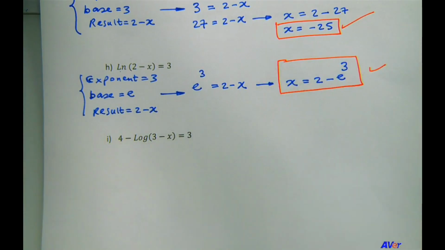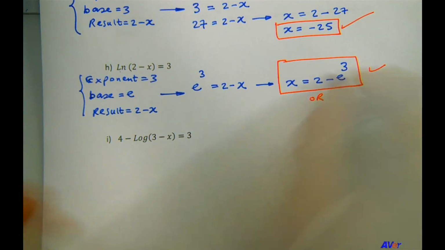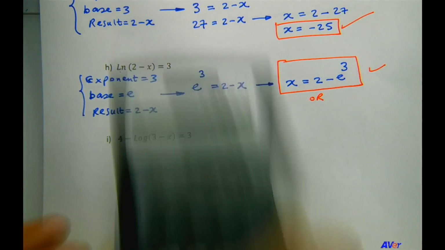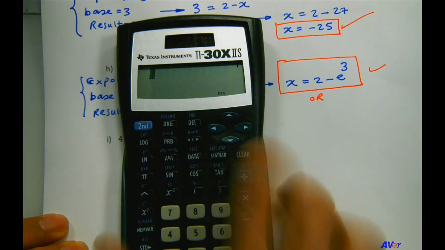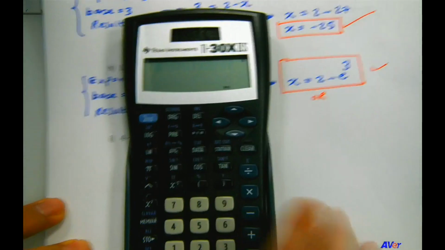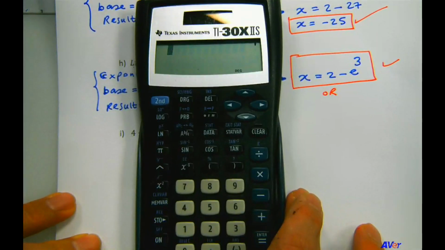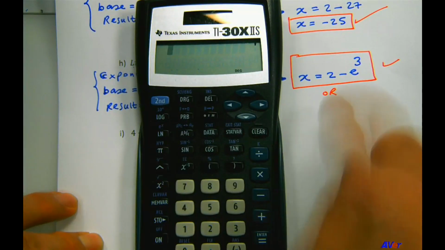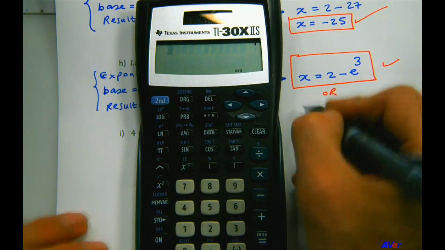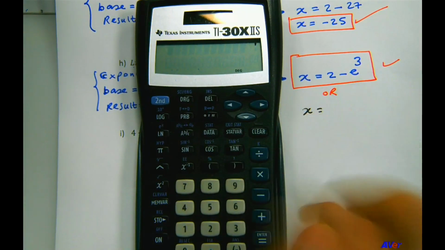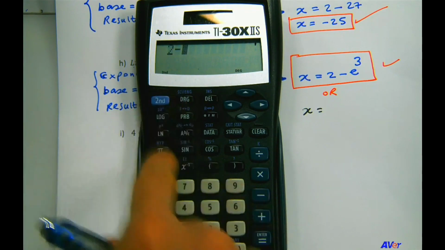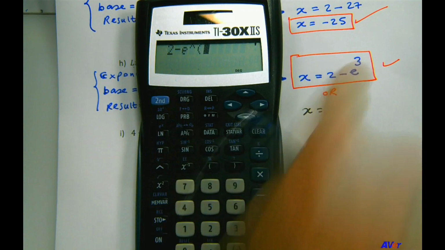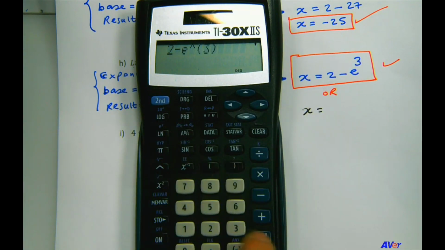But if you're allowed to use a calculator, let's bring this back. Okay, so we want to calculate that using our calculator. So we have 2 minus e to the third power, or e cubed. What do we get?